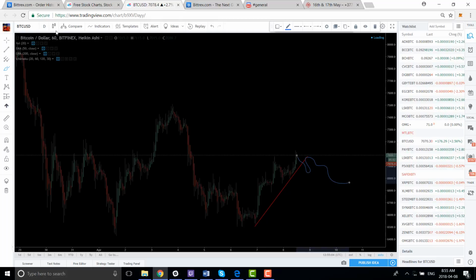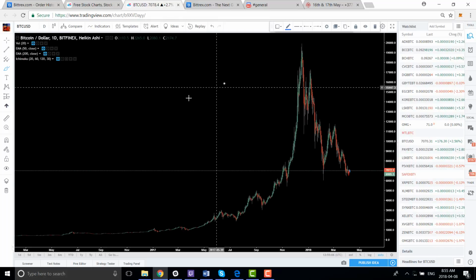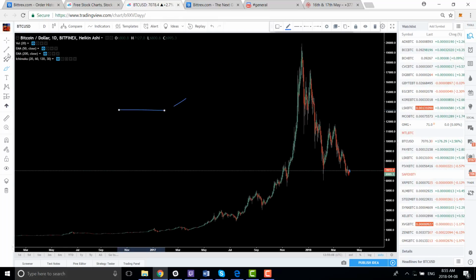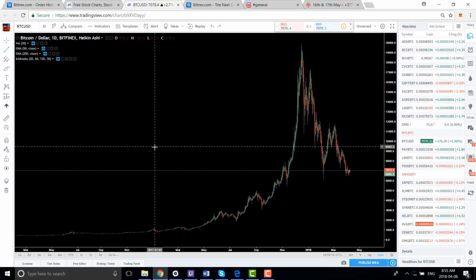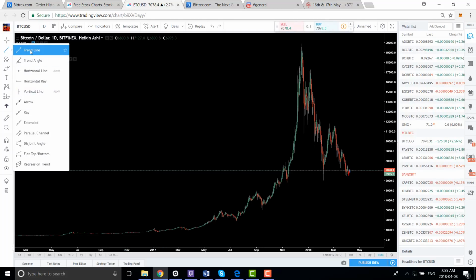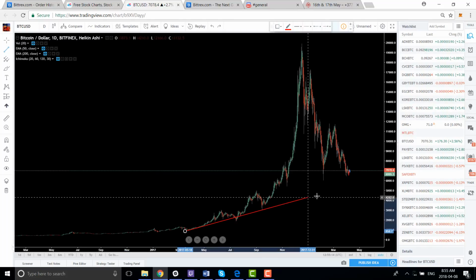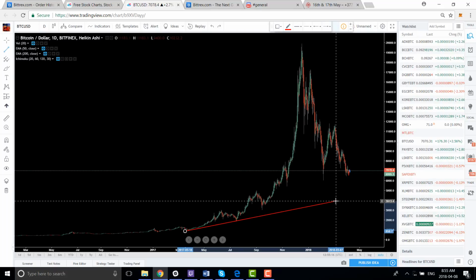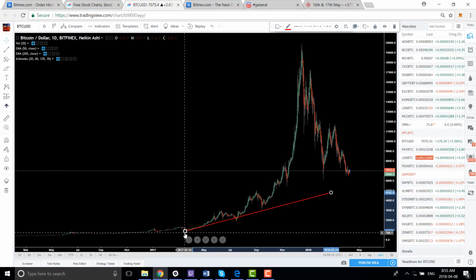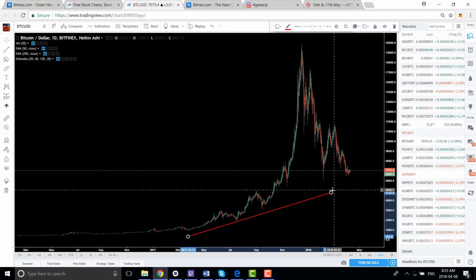Let it load. Sometimes TradingView takes its time. Okay, perfect. If we take the longer trend, we can see that if we touch that point here, we could do it like this. You see these 2 points?